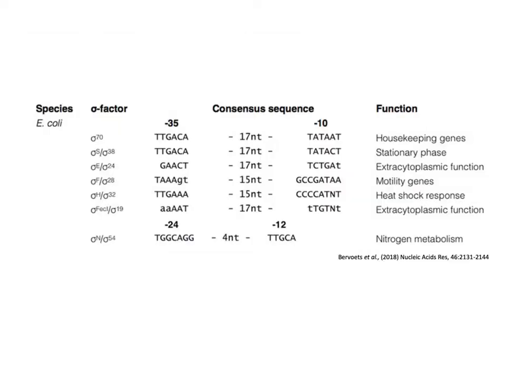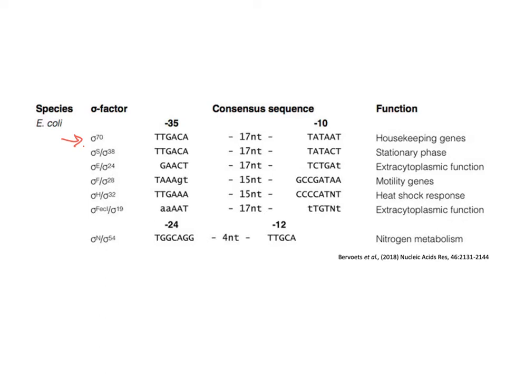So here's a table showing some of the different sigma factors that E. coli can make. We see the sigma 70, the standard sigma factor that I showed you before. It has the TTGACA -35 region and the TATAAT -10 region. But there's a number of other sigma factors, and they recognise different sequences.